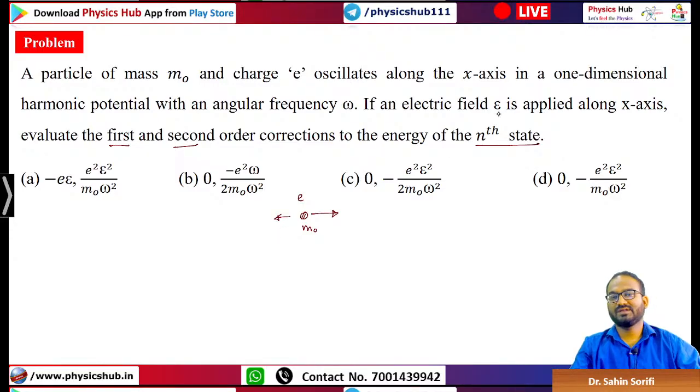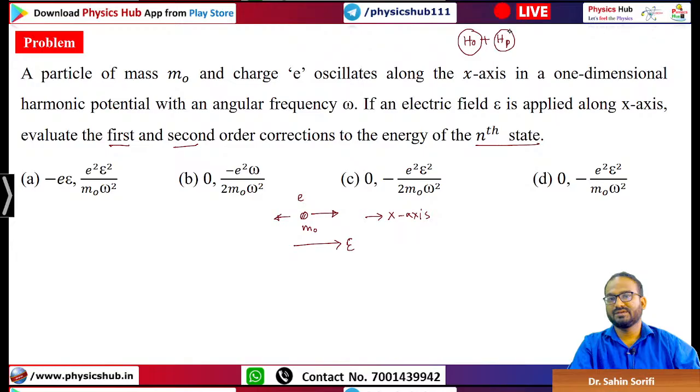If an electric field E is applied along the x-axis, this is the x-axis, let's say, and you have applied electric field E along the x-axis, then the first order correction to the energy. Look, the perturbation which we are talking about is added to the exact Hamiltonian. Hamiltonian is basically a unit of energy.